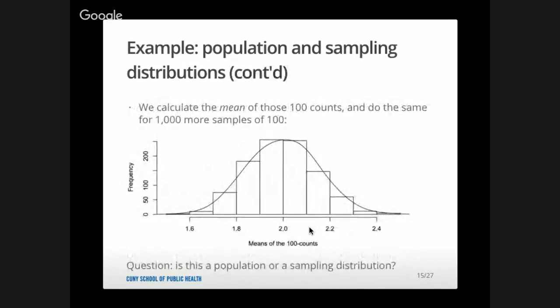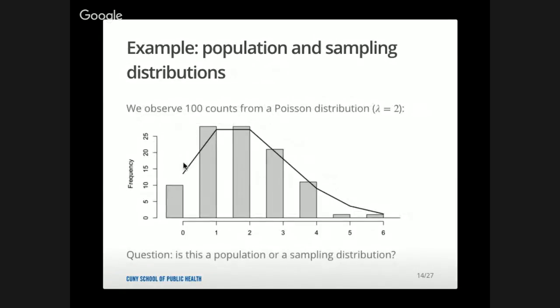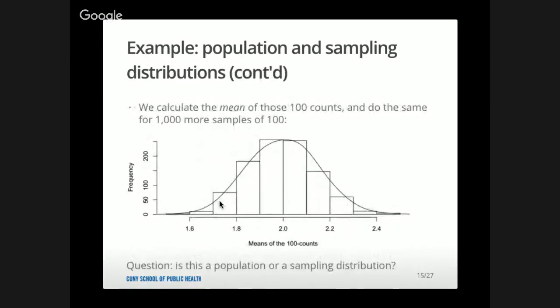There are a few differences here. Some of them are easy. This is going to be a prelude to the central limit theorem. It's symmetric, yes, that's a very important one. Whereas this Poisson population distribution was asymmetric, skewed to the right, this one looks completely symmetric.